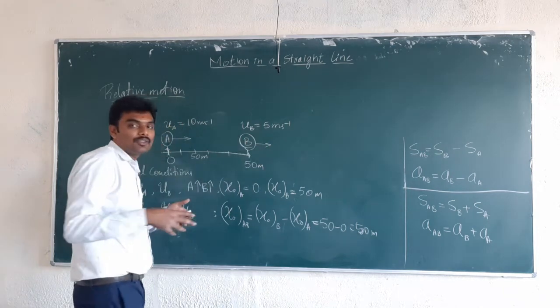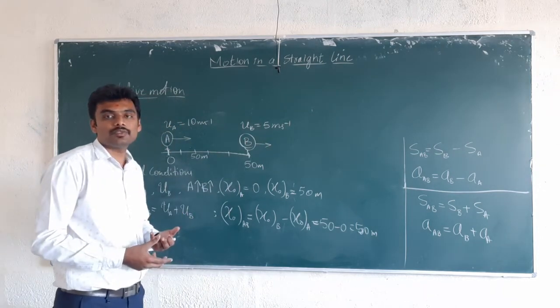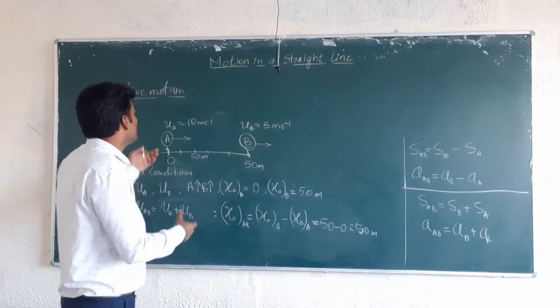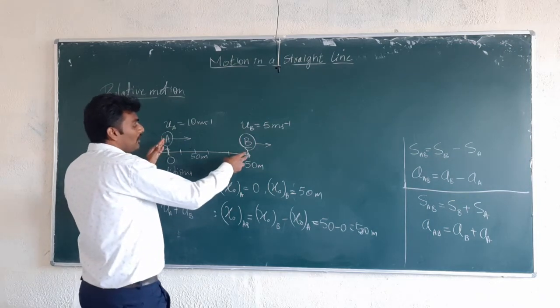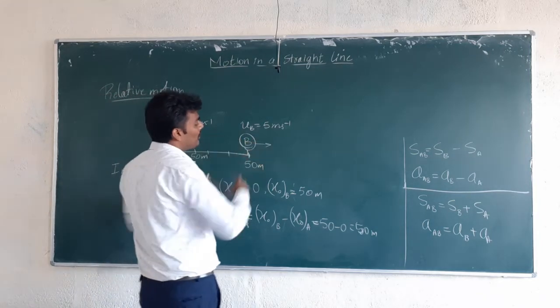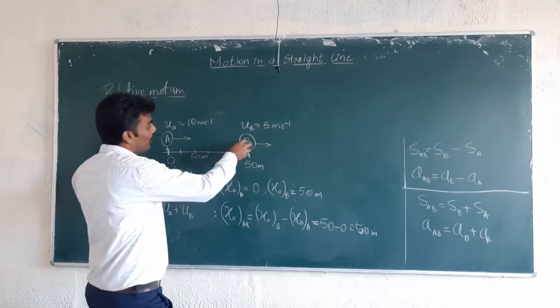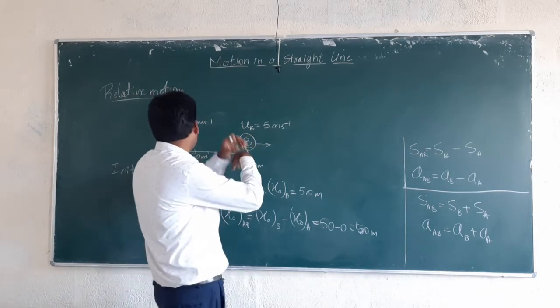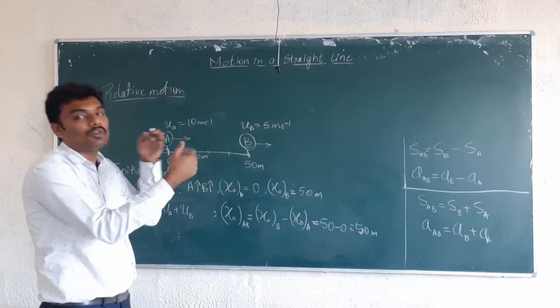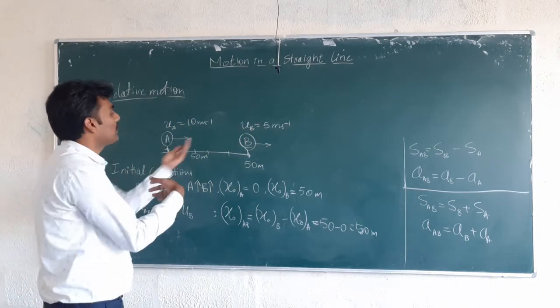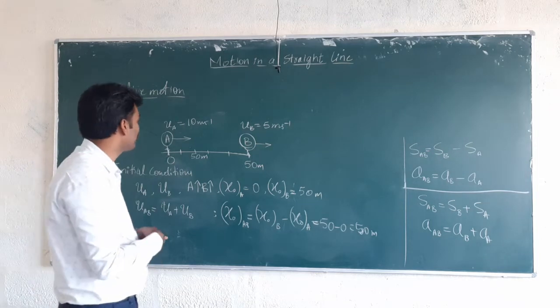Okay, and you can be asked to find when does body A reach body B, or when does body A overtake body B. That is how you can be asked.